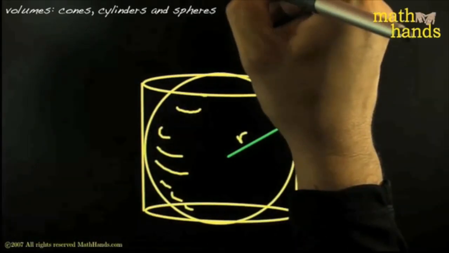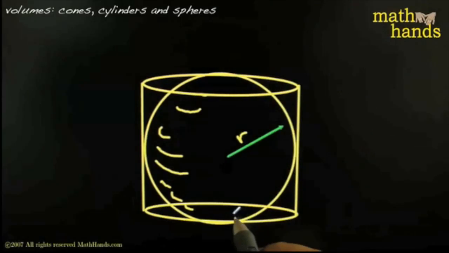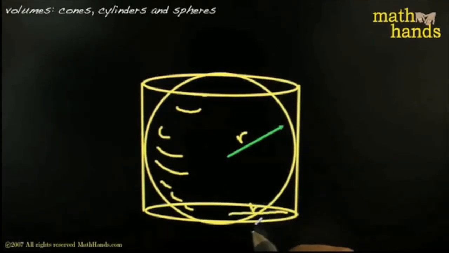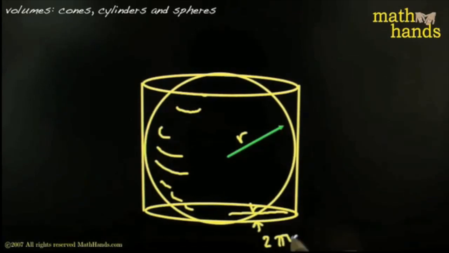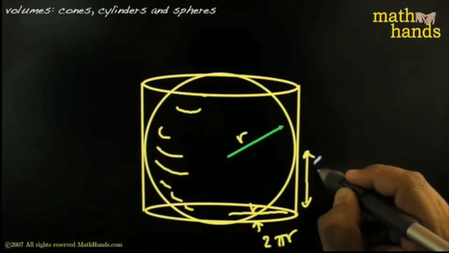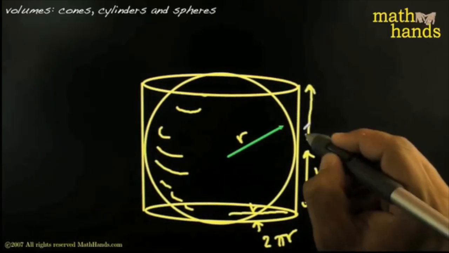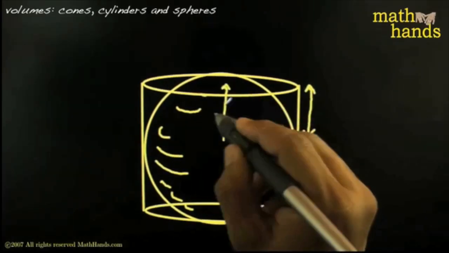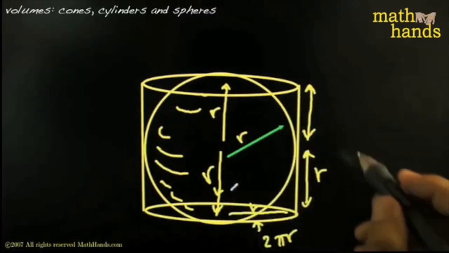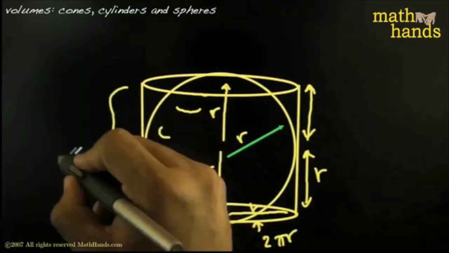The cylinder has radius r. So all the way around this is 2 pi r. That's the length of the circumference of the cylinder. And this distance right here from here to here is r, and from here to here is r. Therefore, the height is 2r.